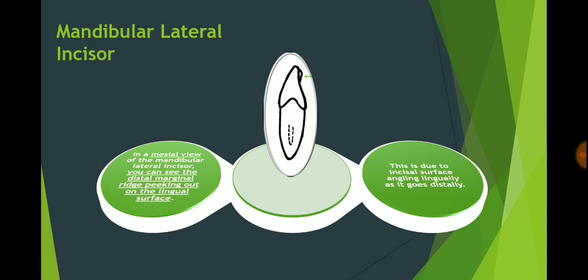But in the mesial view of the mandibular lateral incisor, you can see the distal marginal ridge peeking out on the lingual surface. That is due to the surface angling lingually as it goes distally. Try to say that fast: angling lingually as it goes distally.